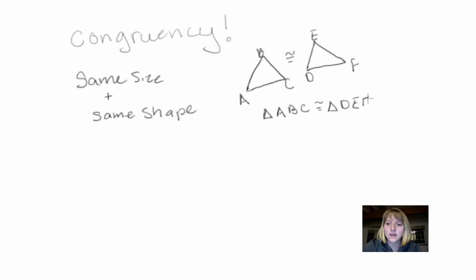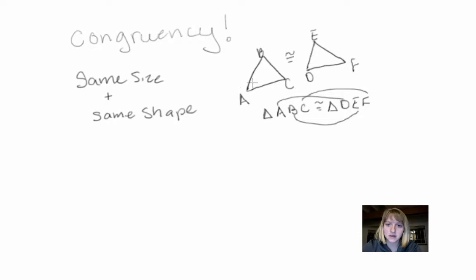Once we can prove that congruency, then we know that corresponding pieces of that triangle are going to be congruent. So C corresponds over here with F, and B corresponds with E, and A to D, and so forth.